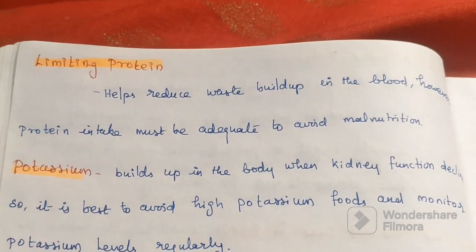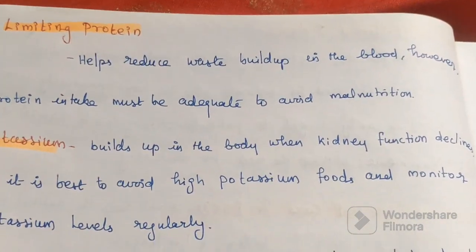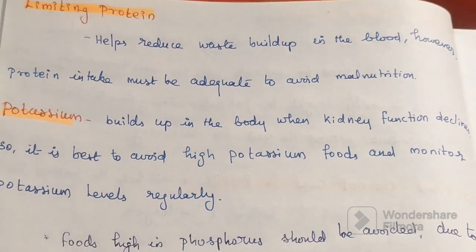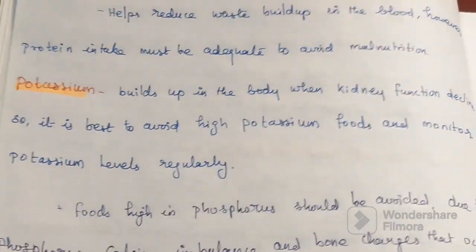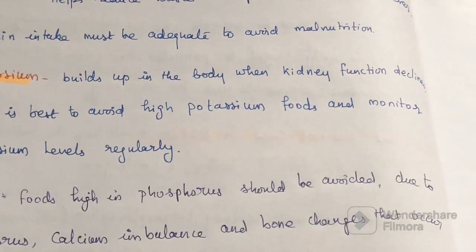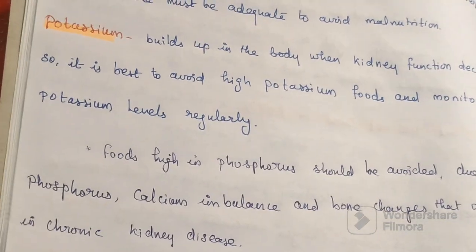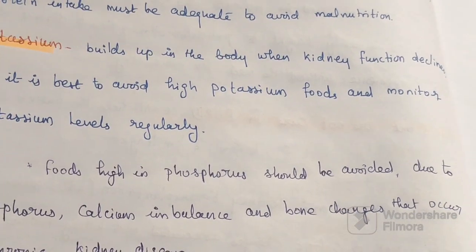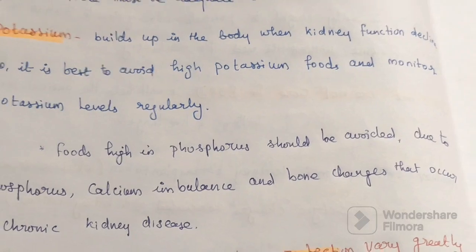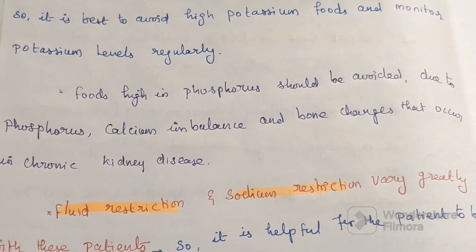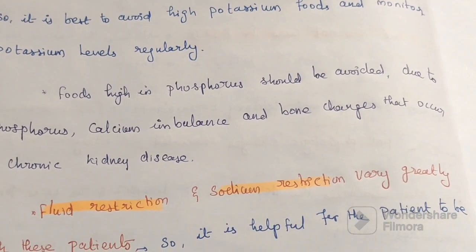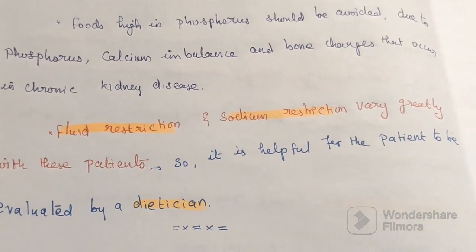Potassium builds up in the body when kidney function declines, so it is best to avoid high-potassium foods and monitor potassium levels regularly. Foods high in phosphorus should be avoided due to the phosphorus-calcium imbalance and bone changes that occur in chronic kidney disease.